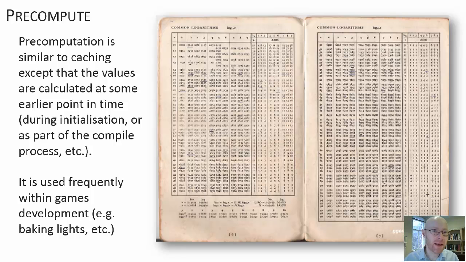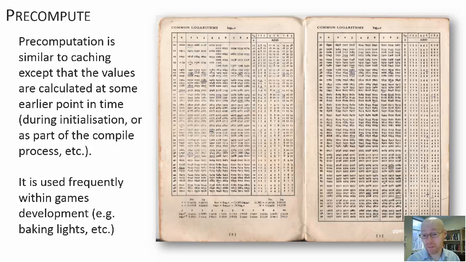Pre-computation then is similar to caching, except the notion here is that we do it before we actually execute the program. So it could be something that's done at compile time, or as part of some other process where we generate the data and we store the data. Often used, for example, within games for things like pre-baking light information or other related stuff.